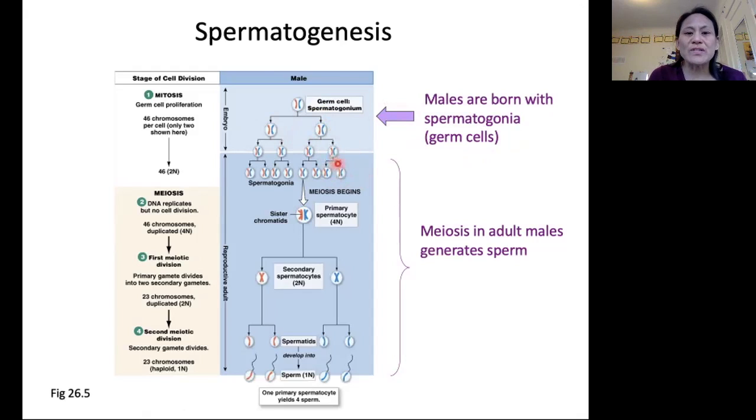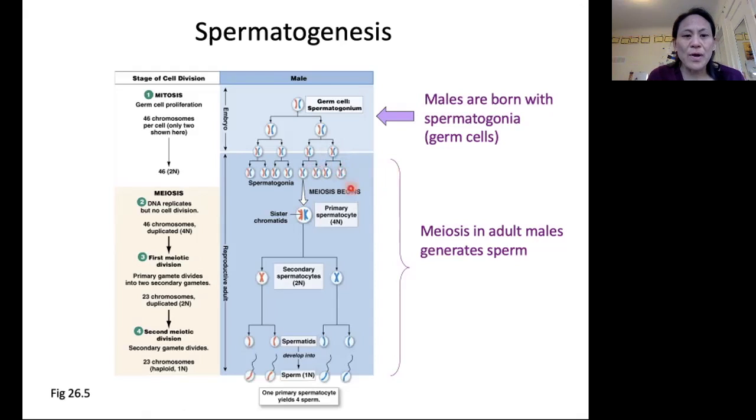First of all, he creates more spermatogonia out of the original spermatogonia by mitosis. Then some of those spermatogonia go on and undergo meiosis to give rise to sperm.